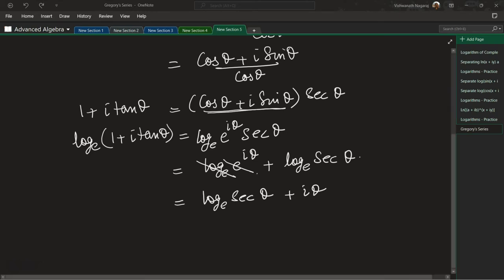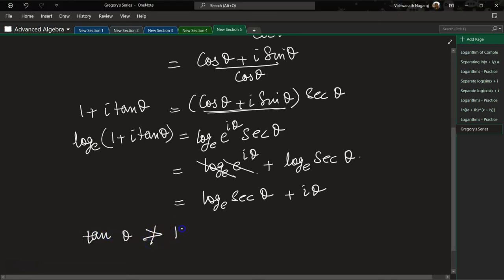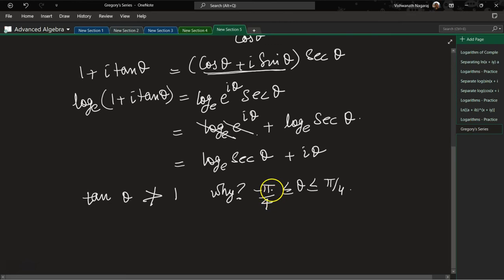So in such a series, here tan theta is never going to be greater than 1. Why? Because theta is between minus pi by 4 and pi by 4. Beyond this, it will go more than 1. This is clear, which implies that modulus of i tan theta is also never going to be more than 1.